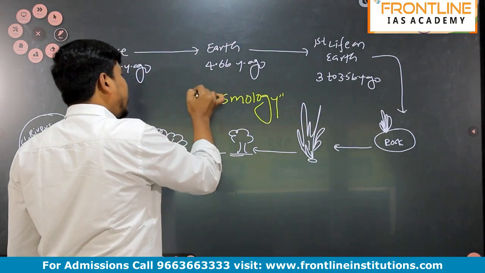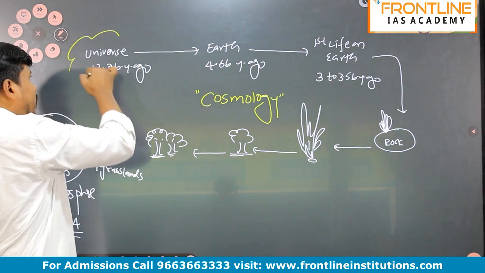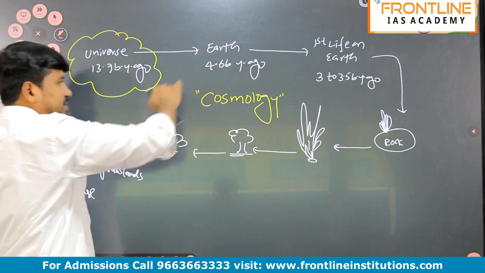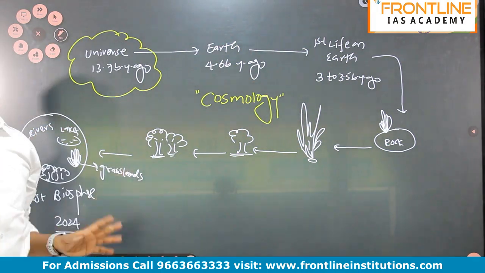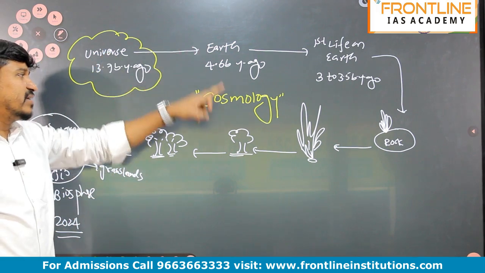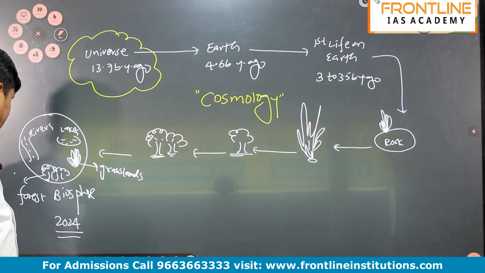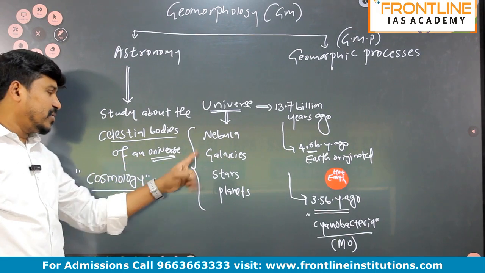Cosmology means the study about the origin of the universe and its development. The origin and development of the universe is known as cosmology. And astronomy means the study about the celestial bodies of the universe.